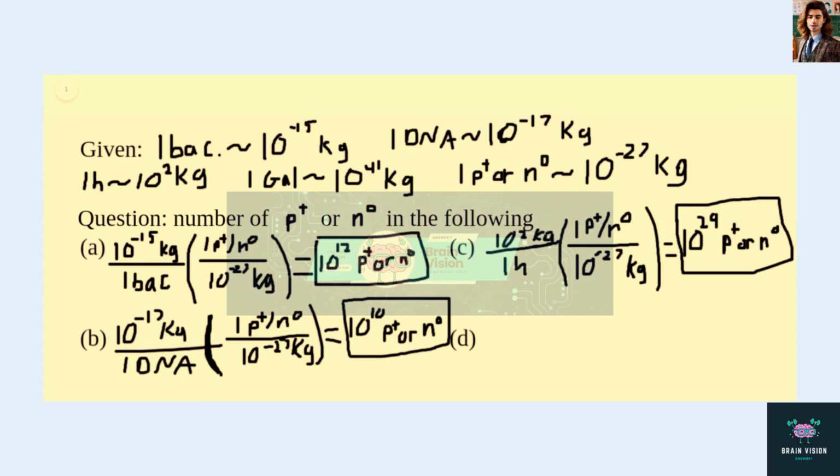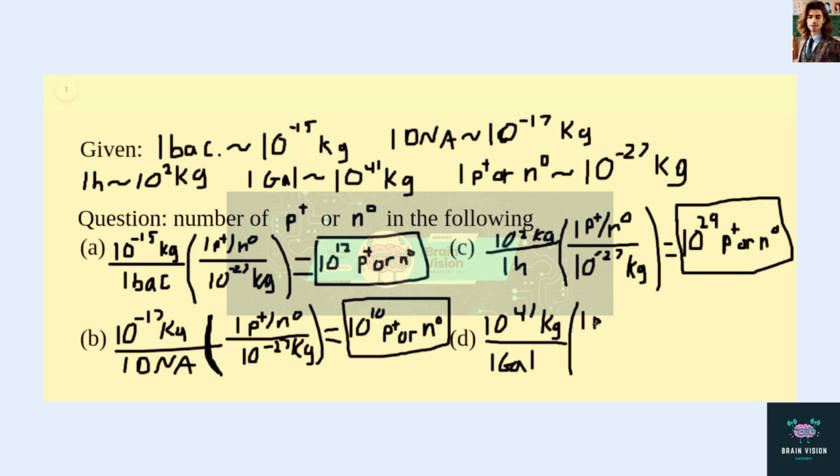Now, lastly, we want to find the number of protons or neutrons in a galaxy. So there are 10 to the 41 kilograms for every galaxy. We'll multiply that by, again, the exact same conversion of the number of kilograms for every proton or neutron.